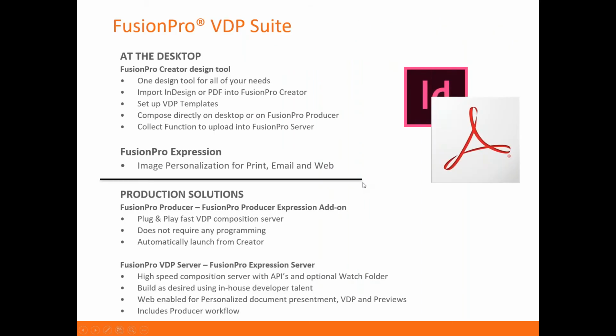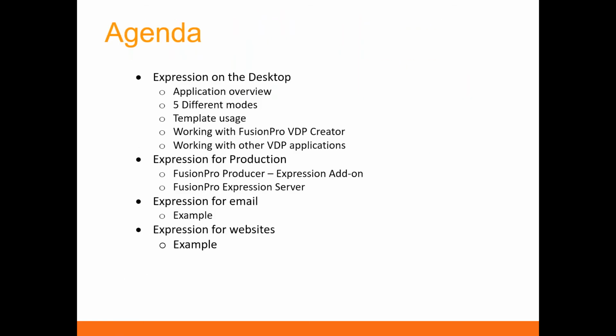Okay, so today I'm going to take you through a few things here. We're going to go through our product suite real quick. Just spend a second or two on that because some of you probably have already seen that slide. But then we're going to jump into the FusionPro Expression product. And I'm going to show you a couple of different levels of the product.